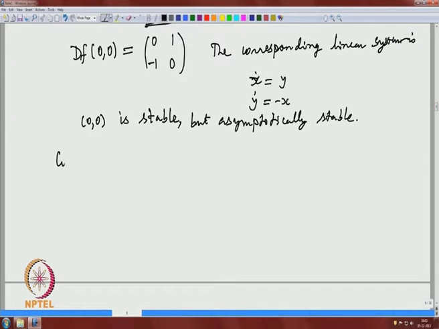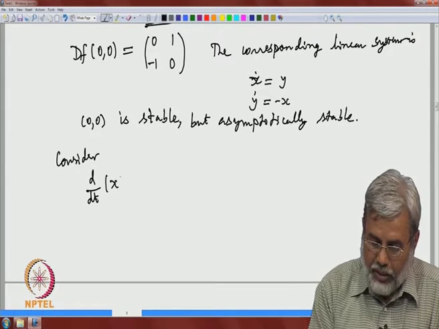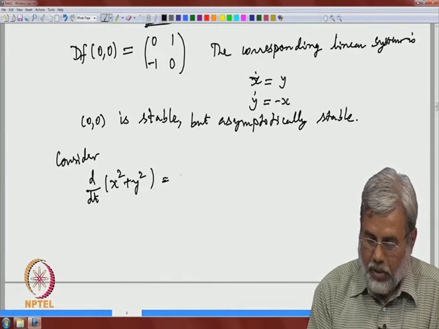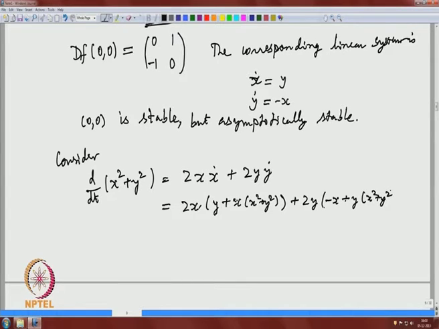So, consider d by dt of x square plus y square, so this again we did in previous example also, that is x x dot plus y y dot, so x times y plus x square plus y square from the original system, plus y times minus x plus y x square plus y square.